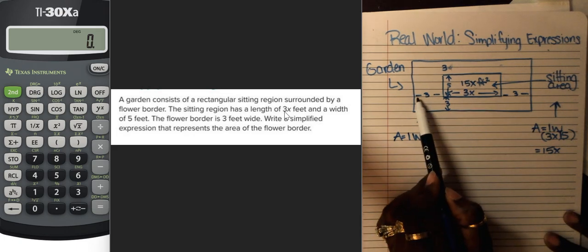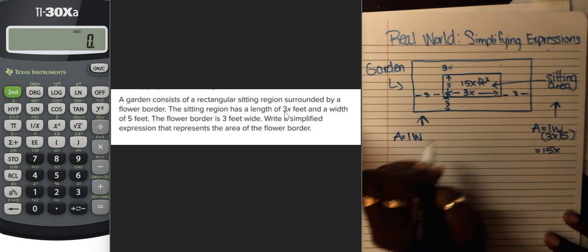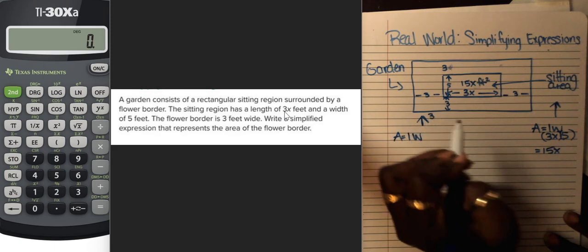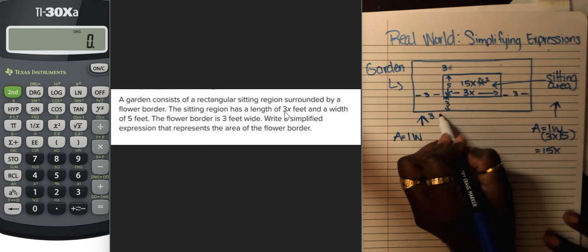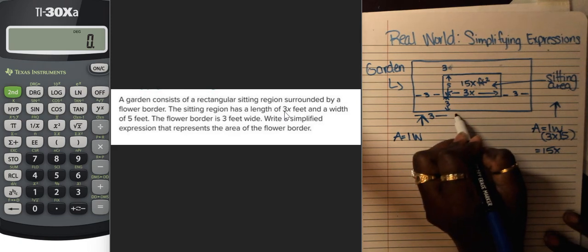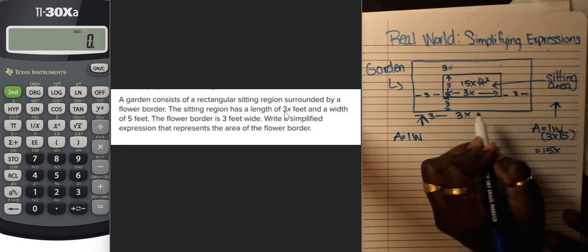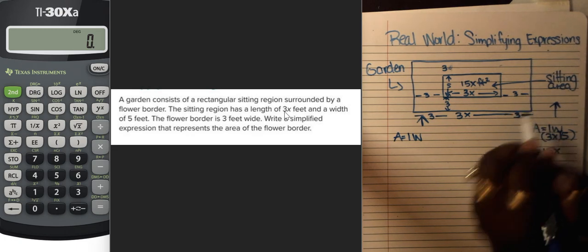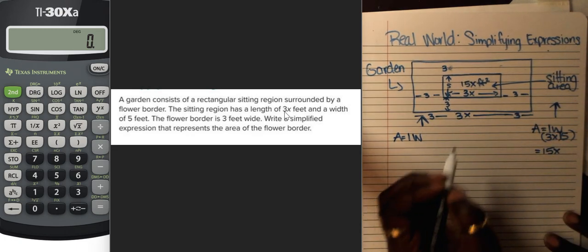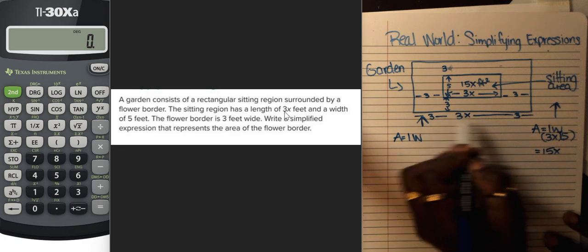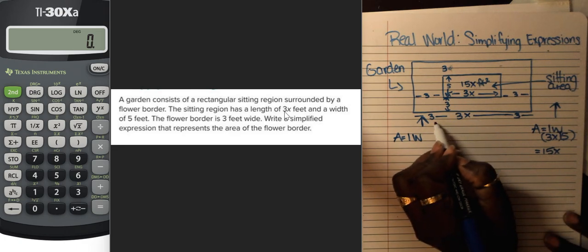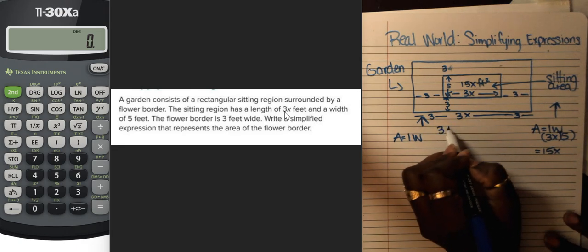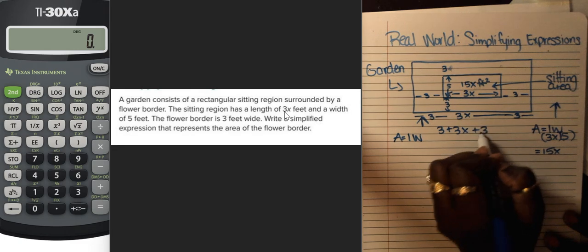So our length is going to be, well, this is 3. And then we have 3x. So from here to here is 3. And then this is 3x. And then this is 3 here. Okay. So we've got those two here. And if you brought those together, that would be the same thing as 3 plus 3x plus 3.